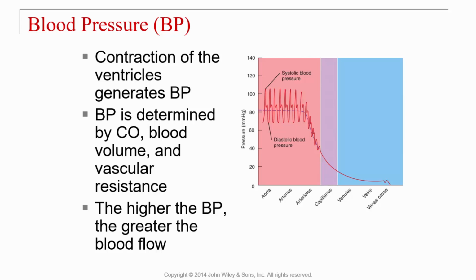But also as blood vessels constrict, you're also increasing vascular resistance. So that increases pressure. If you have blood vessels that are atherosclerotic, in other words, plaques are building up in those vessels, that's going to increase vascular resistance and increase blood pressure. When the heart contracts, if it is a strong contraction, that'll increase blood pressure.